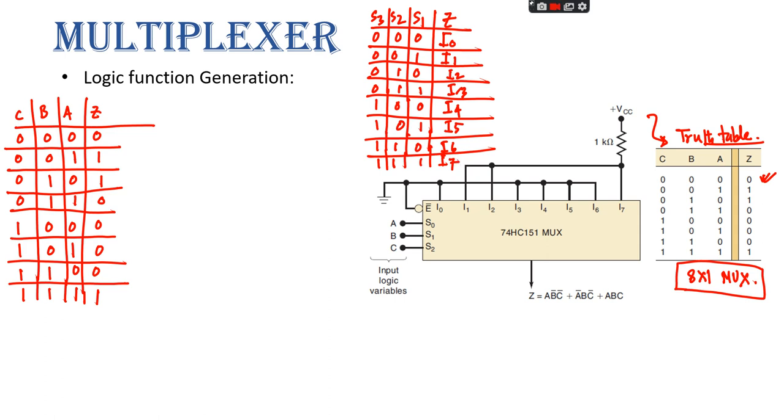Yes, sir. So now if you compare both truth tables, if we make C as S2, if we make B as S1, and then if we make A as S0, then the control inputs here will be same as here, right?